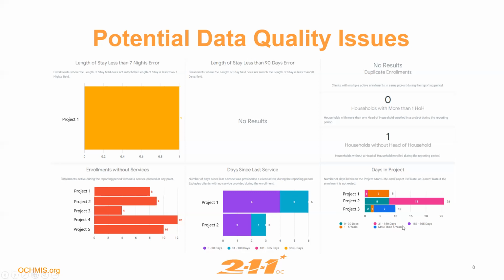And so if you know that you have a transitional housing project and everybody should be leaving within a year or two, but some clients have been enrolled for more than 5 years, that's something you want to look at. So that's kind of how you use this dashboard and how you think about this data.